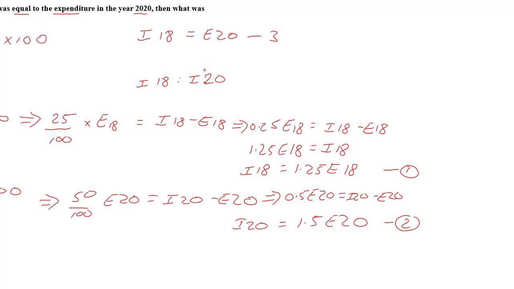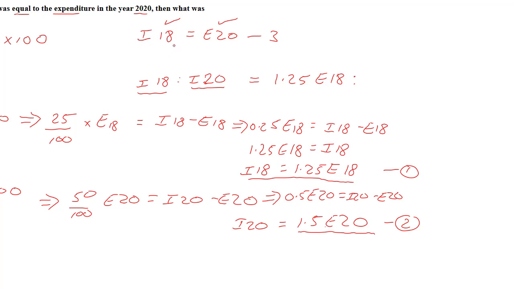First of all, income in 2020 we know is 1.5 times expenditure in 2020. And we also know that income in 2018 is equal to expenditure in 2020. So what is income in 2018? It is 1.25 times expenditure. So I'm going to substitute 1.25 times expenditure in 18 is to income in 20.